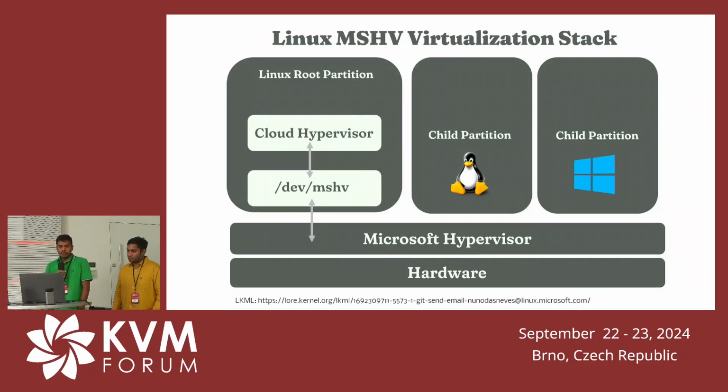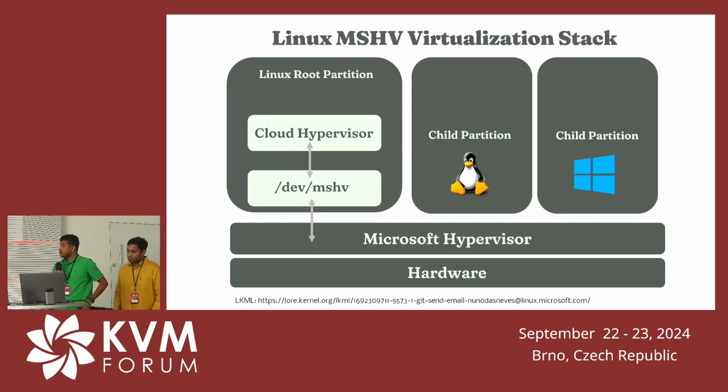Let's zoom into the Linux root partition we have with the Microsoft Hyper-V. We have the hardware and the Microsoft Hypervisor, and we have the Linux root partition. In the Linux root partition, we have a kernel module, /dev/mshv. You can say it's similar to /dev/kvm.